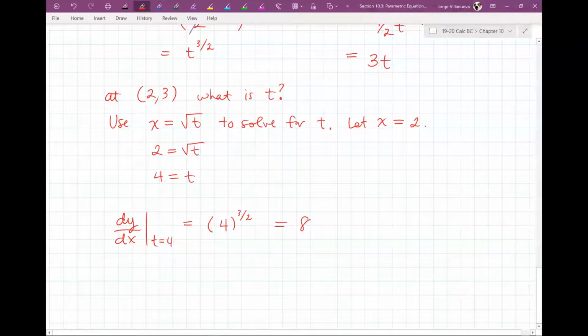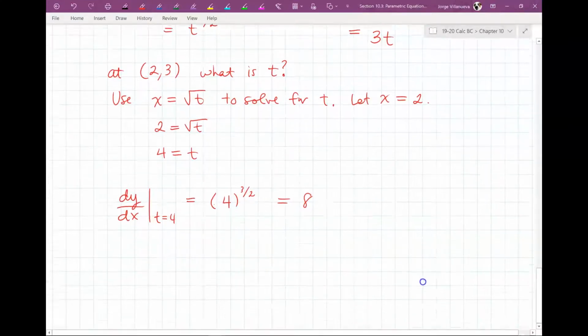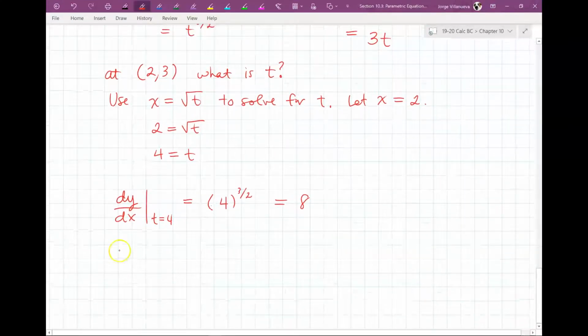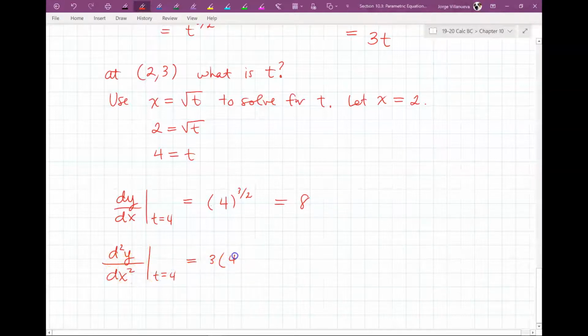So my slope is 8 at that point. Now my second derivative, d squared y over dx squared when t equals 4, was 3 times t, which is 12.